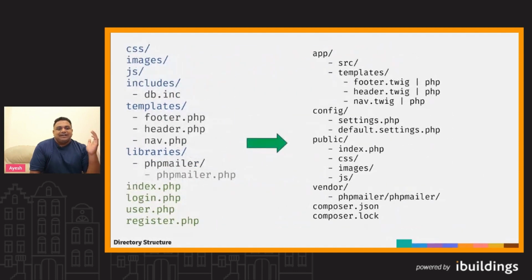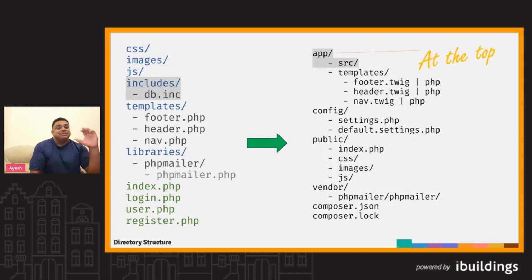So ideally, what we are aiming for is to separate our dependencies. External libraries, we will have under Composer, and all the static files, we will serve normally, just like before, through the web server.